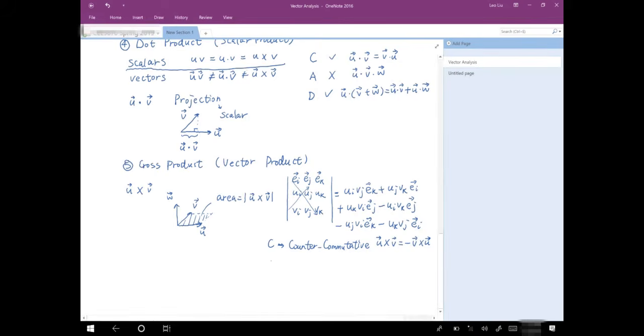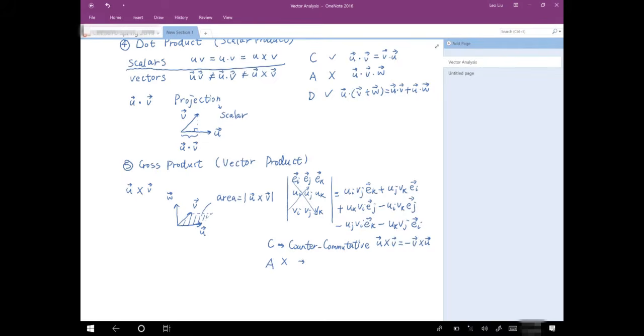And for A, actually, it's not associative. It's not associative, but instead it's actually a little bit more complicated. Usually we need to use some other more advanced tools to take care of it, if we want to associate different vectors on two sides of a cross product operator together.